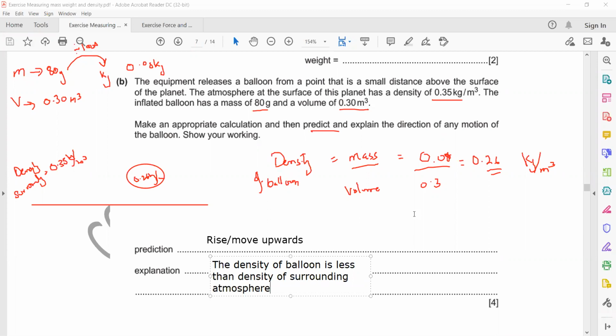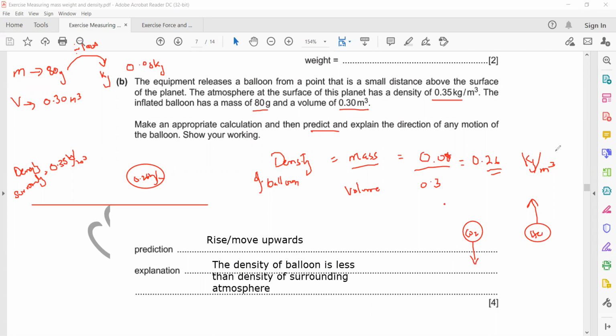For example, if I have two balloons, one filled with carbon dioxide and another filled with helium. When I release the balloon which is filled with carbon dioxide, that will move down. If I release a balloon which is filled with helium gas, that rises up. So why, even if the two balloons have the same volume, does one rise and another one fall or move downward?